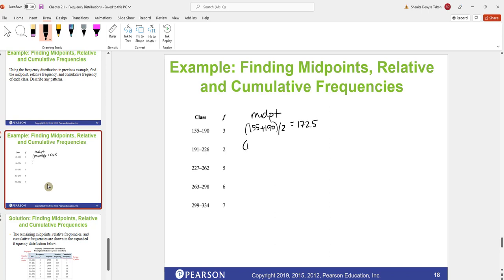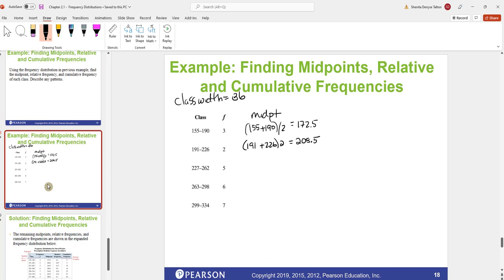When I do it for the next one, I take 191 plus 226 divided by 2. We get 208.5. Now, as I said in the previous slide, we already know that the class width is 36. So I don't have to go through and add the lower and the upper and divide by 2. What I can do is just take 36 and add it to each one of these midpoints.